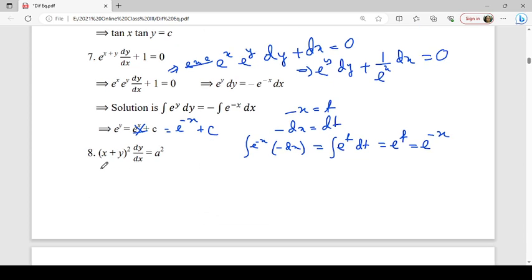Now number 8, we see x plus y whole square. In this case we substitute x plus y is equal to z. Then differentiating with respect to x, dz dx, derivative of x is 1 and derivative of y is dy dx.